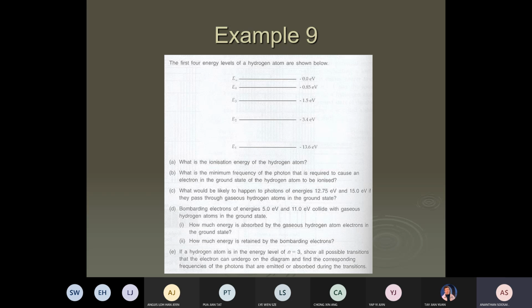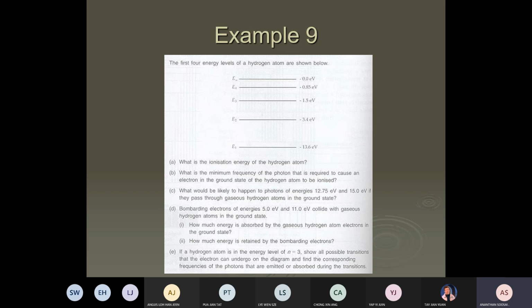When electron emits a photon, it releases its energy, right? So when it happens, it goes down. Drawing the emission spectrum means the arrow goes down. The electron loses energy and emits a photon.